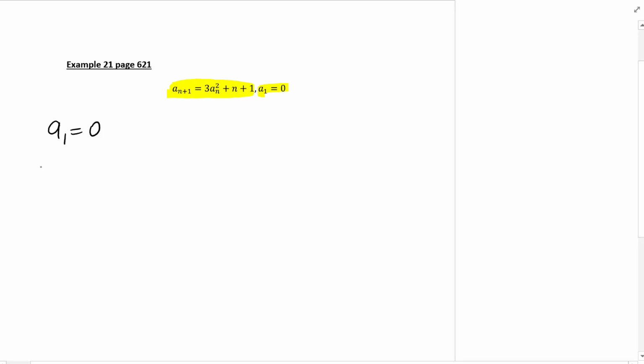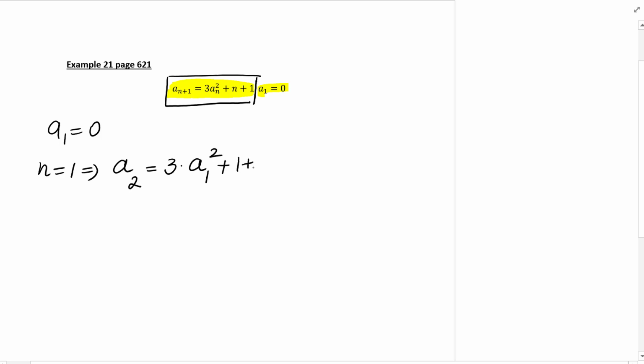If n equals 1, we replace it in this expression: a sub 1 plus 1, which is a sub 2, is 3 times a sub 1 squared plus 1 plus 1. Do you see how, with n equal to 1, we replaced n with 1 here and here? So we get 3 times 0 squared plus 1 plus 1, so we end up with 2.